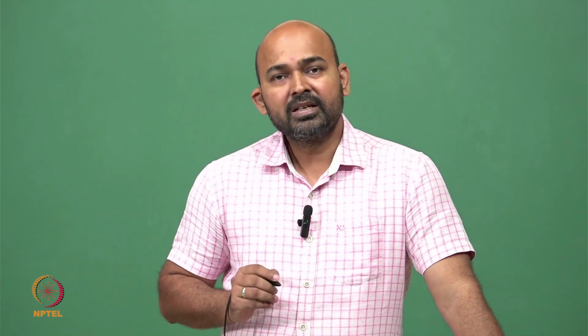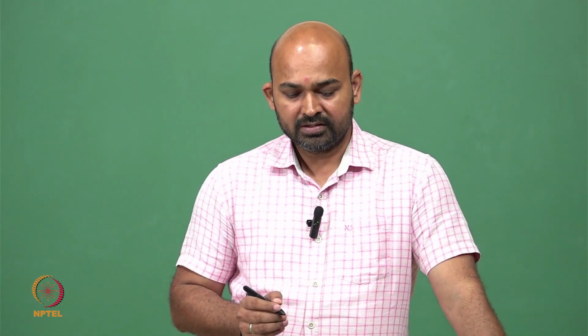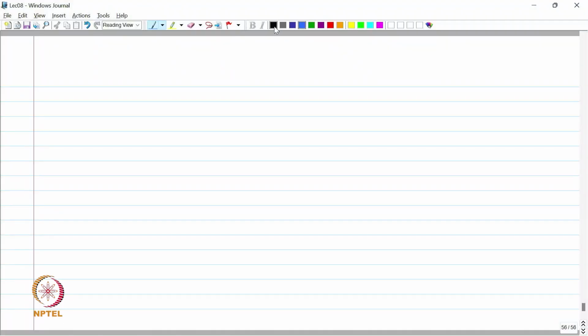So we will basically discuss three types of sensors. The first one is the interferometric sensors.